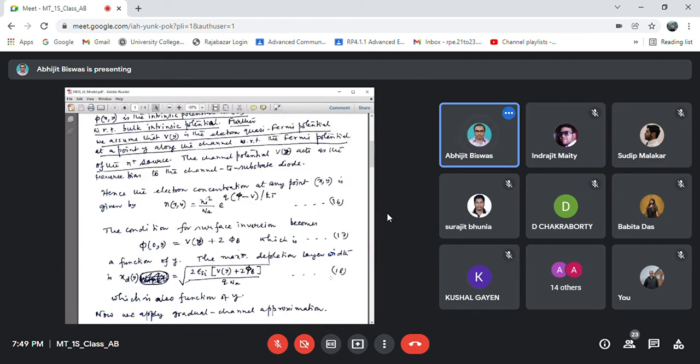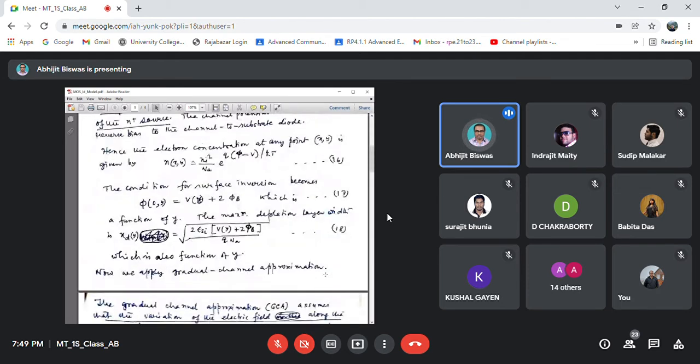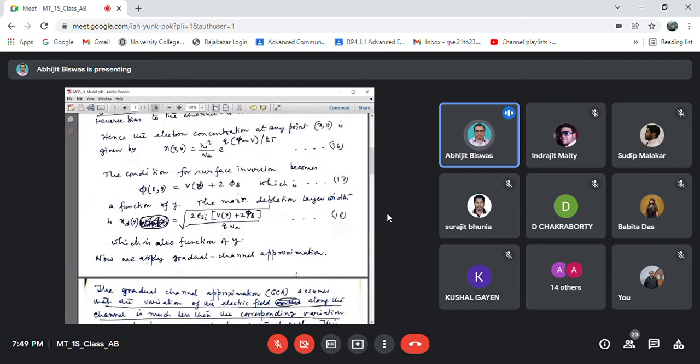So that is why you will find that at the drain side, the depletion layer width is higher as compared to that at the source side, because of the presence of Vy. Because Vy is equal to VDS at the drain end, and Vy equal to 0 at the source end. So therefore, the depletion width becomes wider at the drain side as compared to that on the source side.